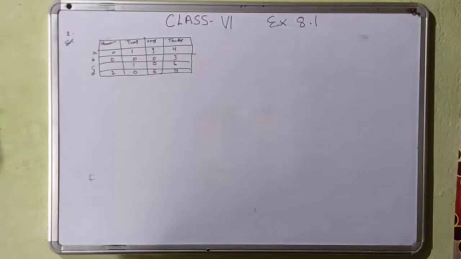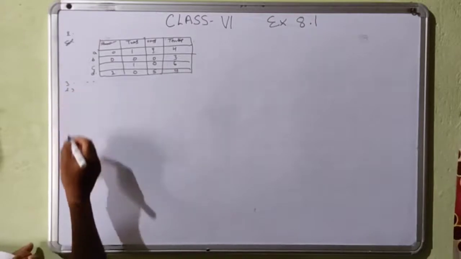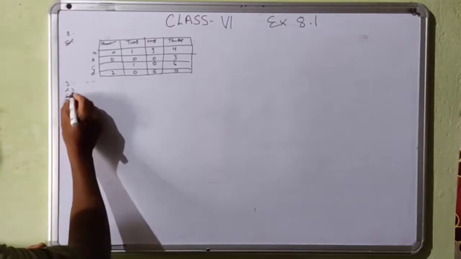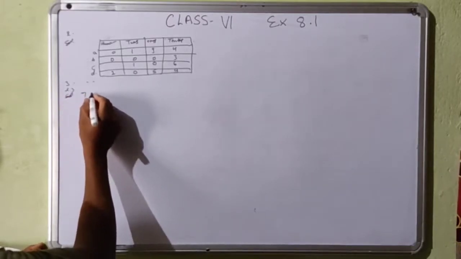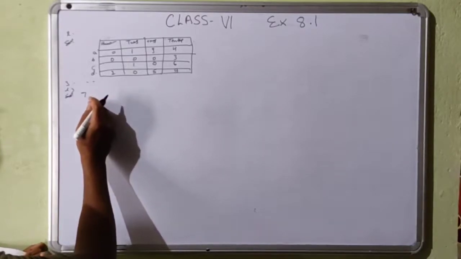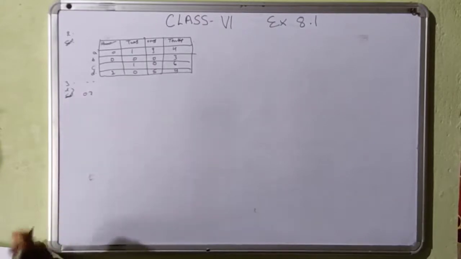Third question, write each of the following as a decimal. First part is 7 tenth. So 7 tenth means 0.7.